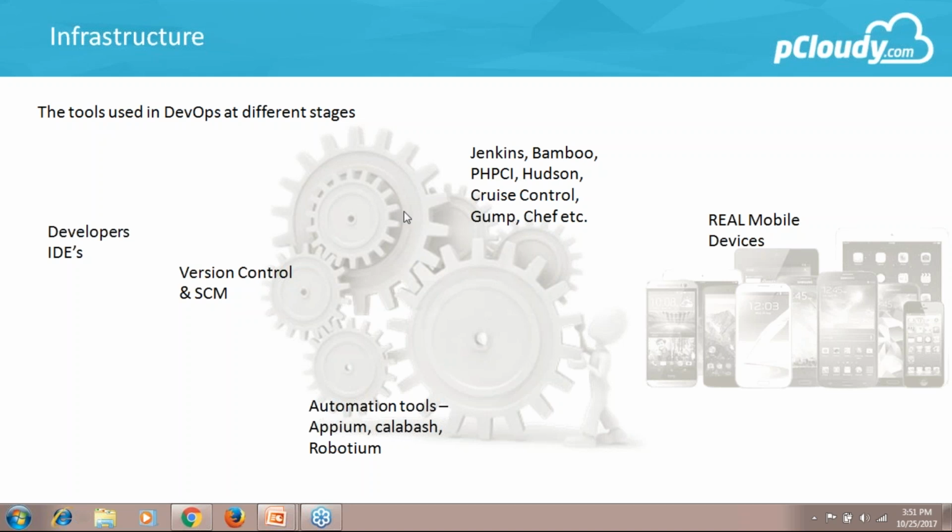The next question is, Sudhir Chakram has asked: do we need to share our complete code with pCloudy for testing on multiple devices? No, you don't have to share your code with us. You have to just create the APK or IPA file if you're testing on an Android or iOS device, and the entire infrastructure, I mean, the CI setup, will be in your premises.